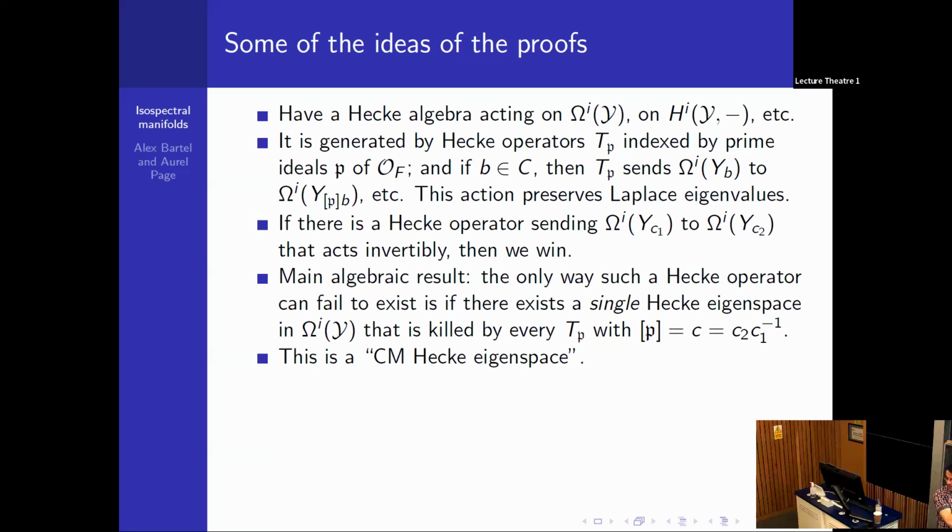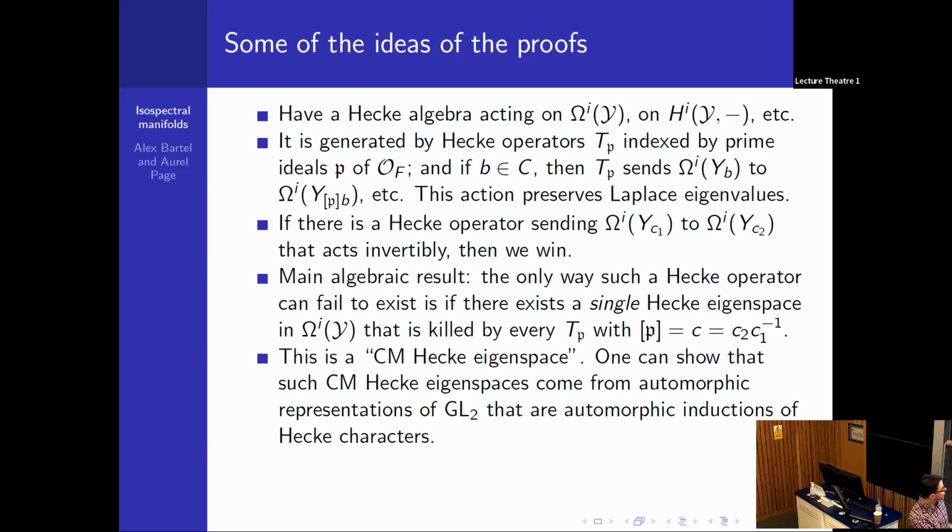And this is a theorem of Labesse-Langlands on the automorphic side that such CM Hecke eigenspaces come from automorphic representations of GL2 that are automorphic inductions. So automorphic induction is the automorphic side of simply induction of representations on the Galois side, from automorphic induction of a Hecke character.